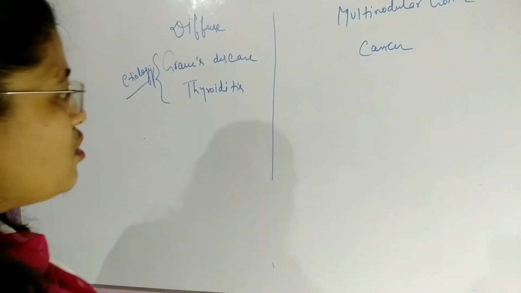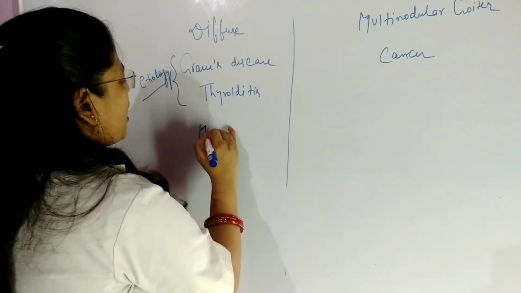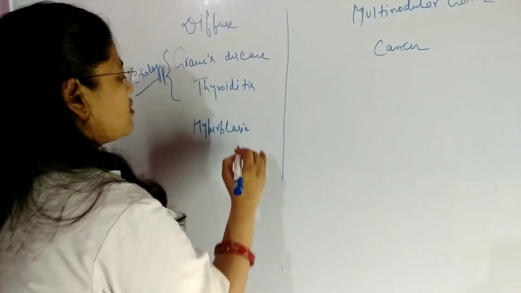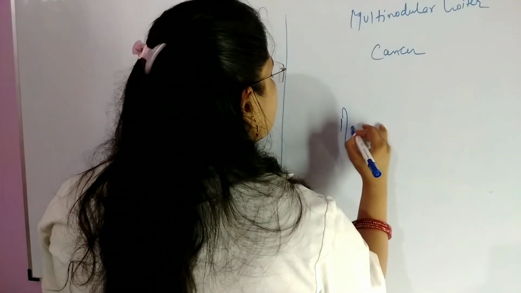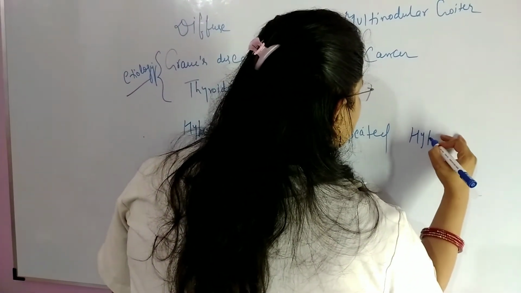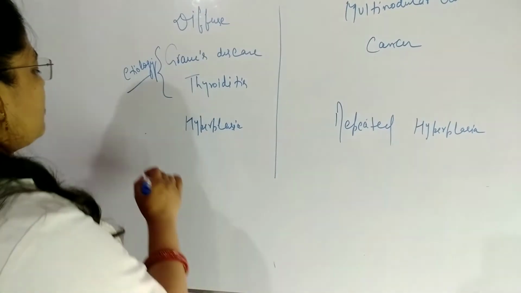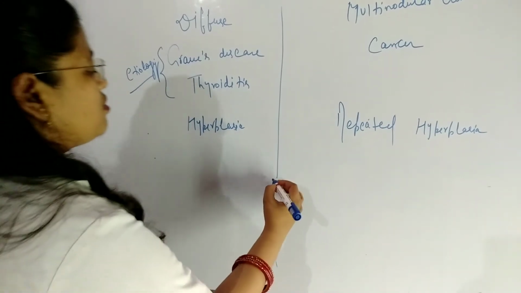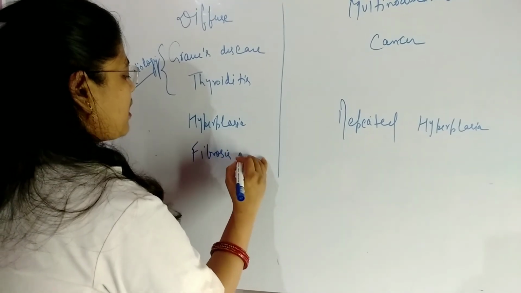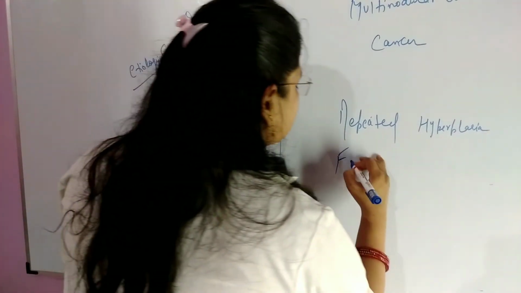Next gross difference between diffuse and multinodular goiter is the state of hyperplasia. Here hyperplasia is seen, while repeated hyperplasia is seen in case of multinodular goiter. There is no concept of fibrosis here, so fibrosis is absent, while here fibrosis is seen.